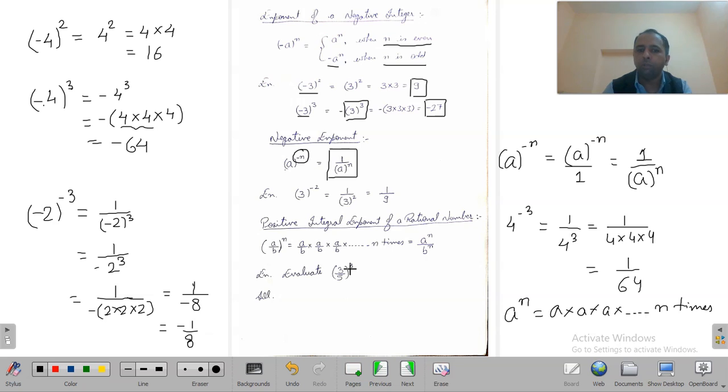(3/5) to the power 3. So according to this concept, (3/5) to the power 3 can be written as 3 to the power 3 upon 5 to the power 3.